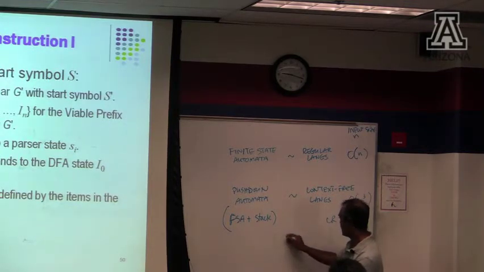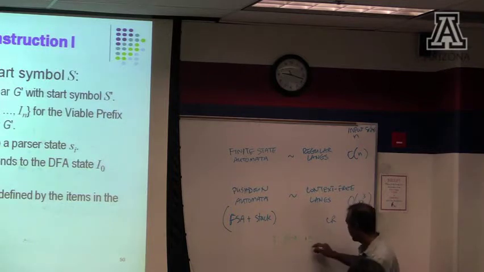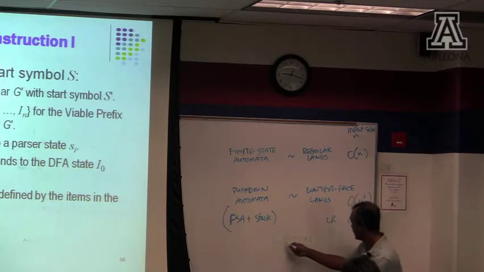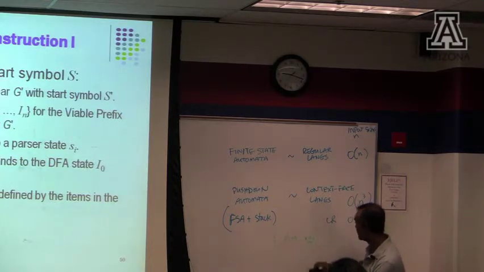So now, if a state has an item that looks like there's a terminal to the right of the dot, then I have a shift action on that terminal in that state. Okay? The intuition is that in this state, if I see this token in the input, I can legally continue parsing.